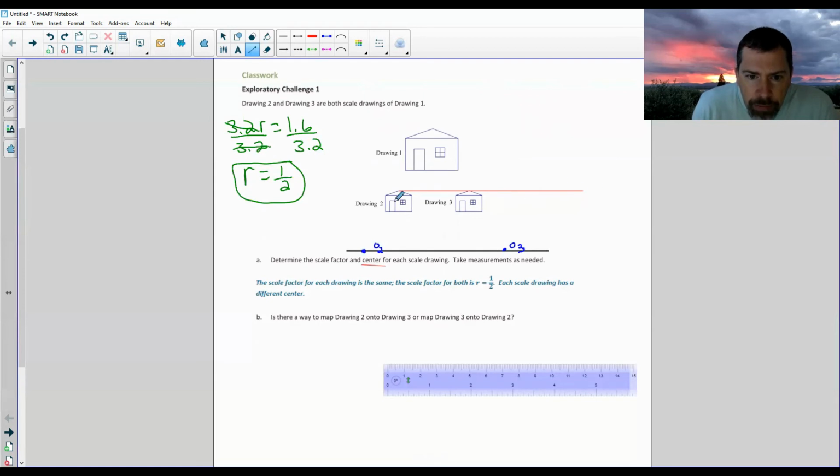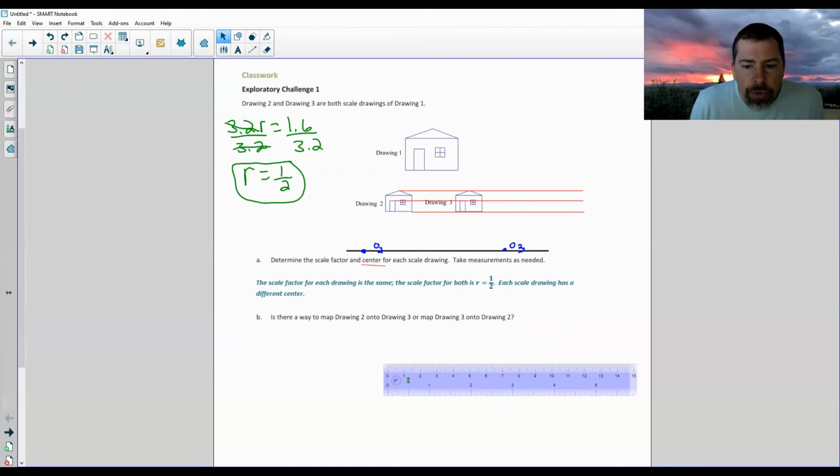But then if I pick the top of the door and go to the top of the door, then you see that they're parallel. So any point that I choose will never intersect. So I can't find a center of dilation. So if I pick this corner here and drew a ray to that corner, continuing it on this way, and the same will be this way, all the lines are parallel.